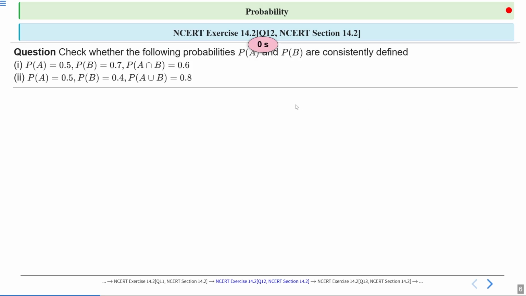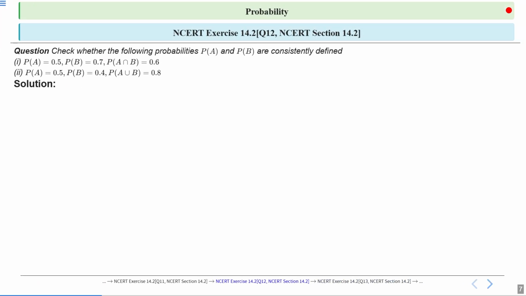Okay, now we will check whether the following probabilities P of A and P of B are consistently defined. So first see the first one. In the first one we have given probability of A is 0.5, probability of B is 0.7 and probability of A intersection B is 0.6.